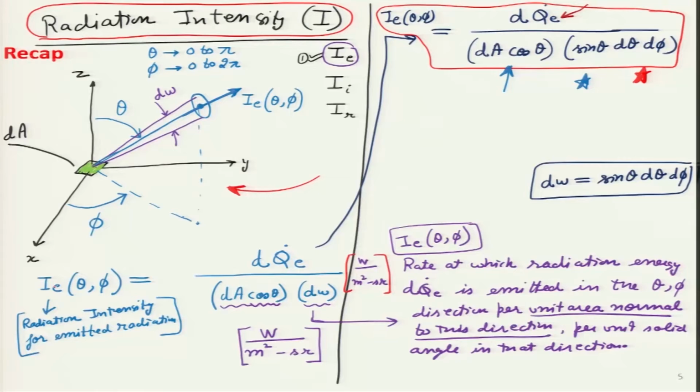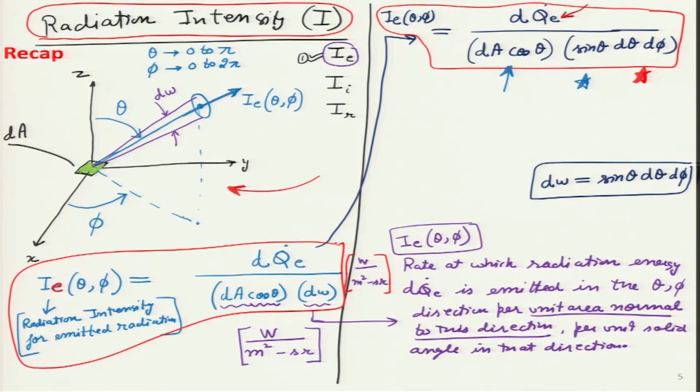So, we put a subscript E below I, that E stands for emitted, and this is the expression with which we define the value of I_E, which is defined as the rate at which radiation energy dq dot is emitted in the theta and phi direction per unit area normal to this direction and per unit solid angle in that direction. So, with that definition, we can simplify this particular equation to this equation given over here by using the definition of the differential solid angle.